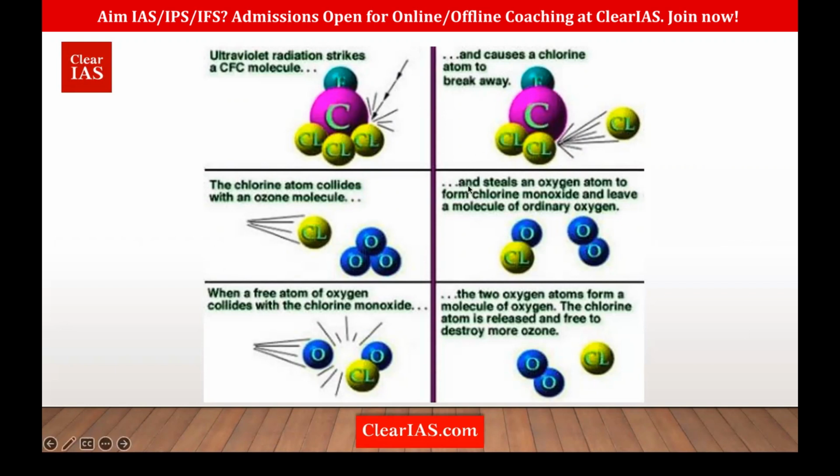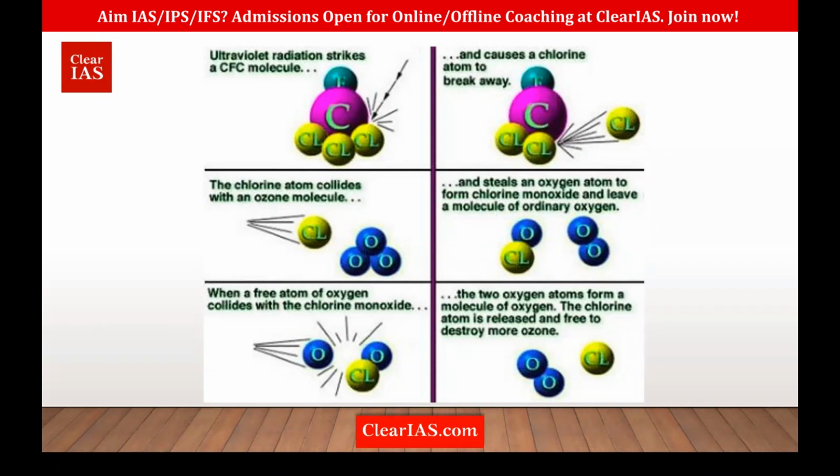When it reaches the stratosphere, UV radiation comes and hits what? The CFC. When UV radiation hits the CFC, the chlorine from the CFC gets separated. One chlorine atom gets separated, and this individual chlorine atom goes and hits what? Ozone, that is O3, which is present in the ozonosphere or stratosphere.